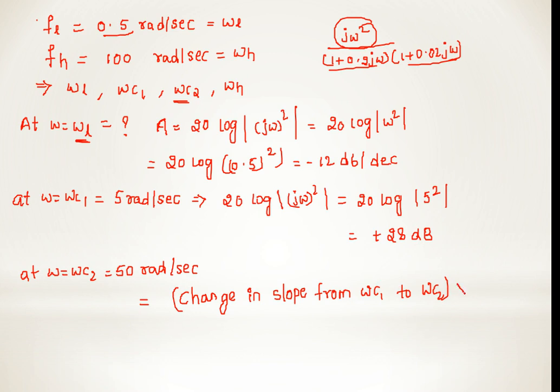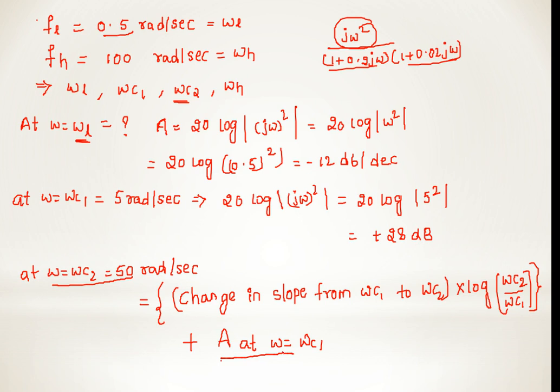The change in slope from omega C1 to omega C2 will be multiplied with the log function of omega C2 by omega C1. This total will be added with the magnitude at omega equal to omega C1.